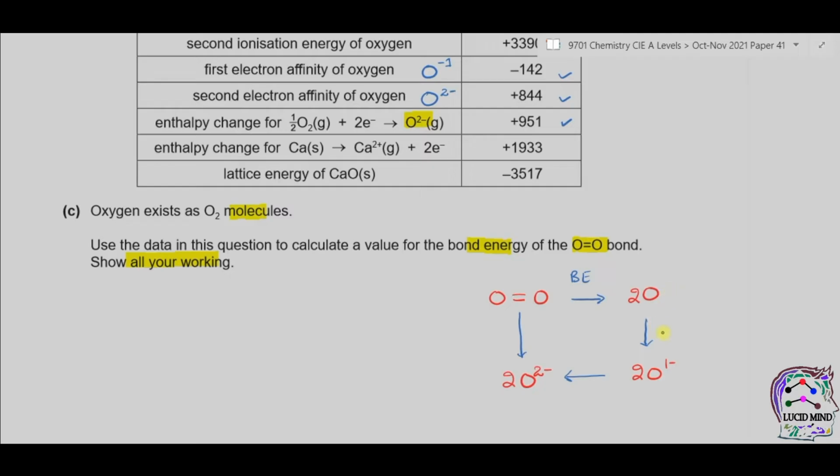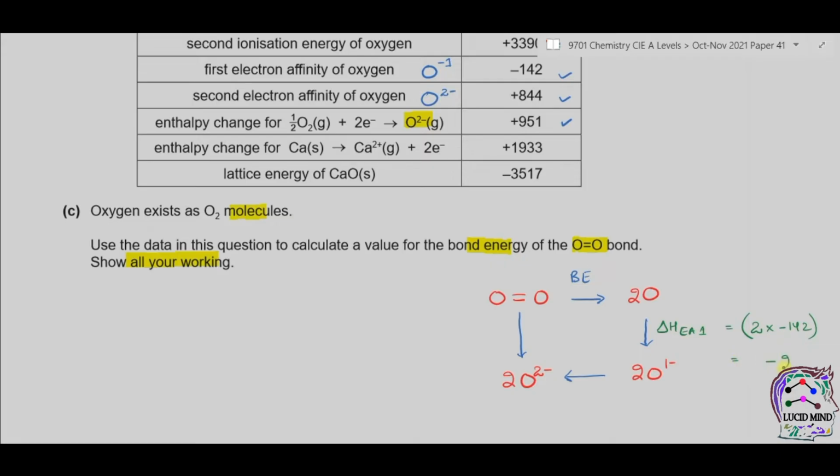Now putting the values, this is first electron affinity, and as it is -142 for a single oxygen atom, now we have 2 moles, so we multiply 2 into -142.